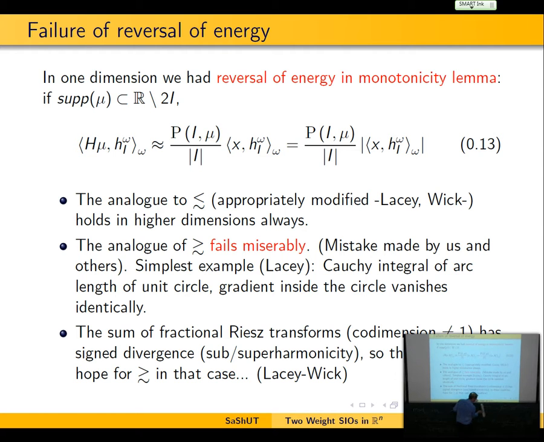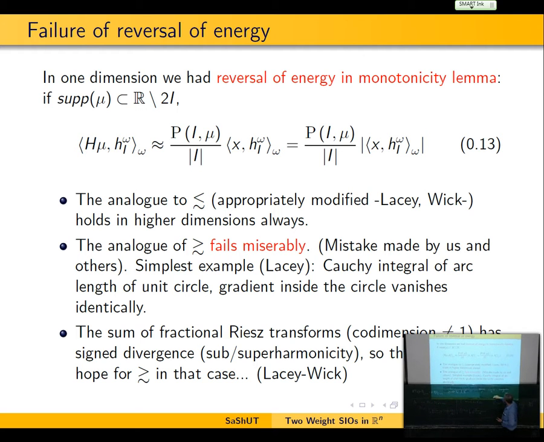As I drew before, this is the interval I, and your measure mu is supported here and here.